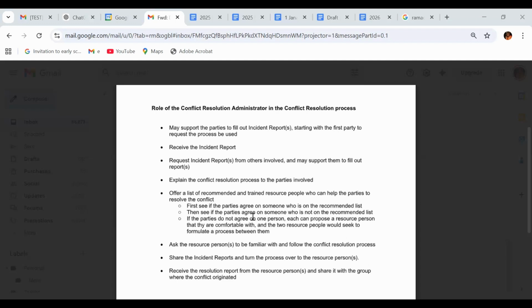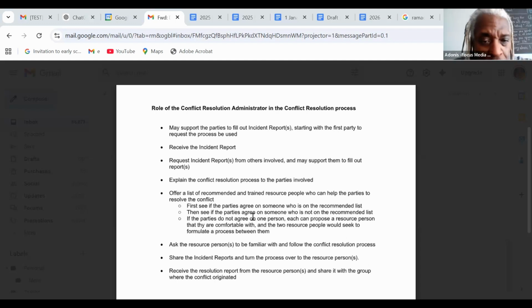The resource people or person is. And then at the end, the administrator takes the result and presents it back to the group where the conflict occurred. And by group where it occurred, we mean like the subcommittee or part of the SDP in which it occurred. So those are the steps, basically the very beginning, and just ensuring that the report comes back at the end is what the administrator does.